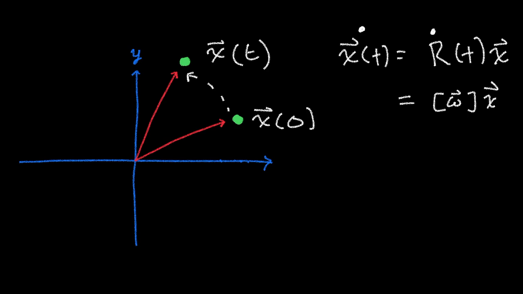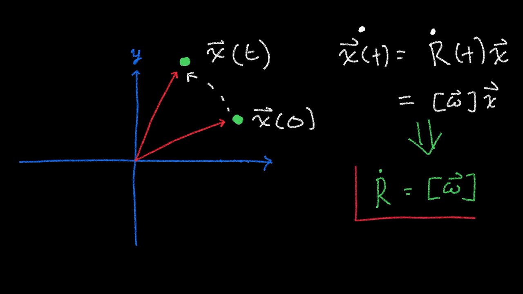Well, comparing these two formulas, we see that this implies that R dot is really just this skew-symmetric angular velocity matrix. So we take our angular velocity vector and we stuff it inside of a skew-symmetric matrix. And this formula gets us most of the way there to answering the question we set forth at the beginning of this video. We just need to do a little bit more work to come up with a slightly more general formula. And that's going to form the focus of the third chapter of this little mathematical novella.